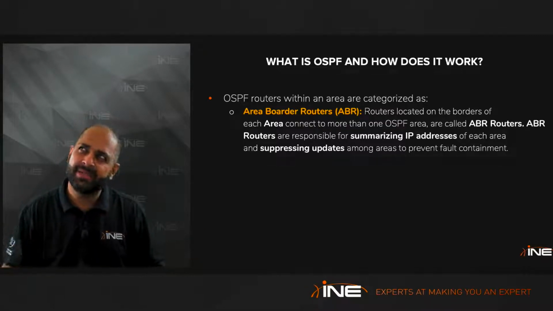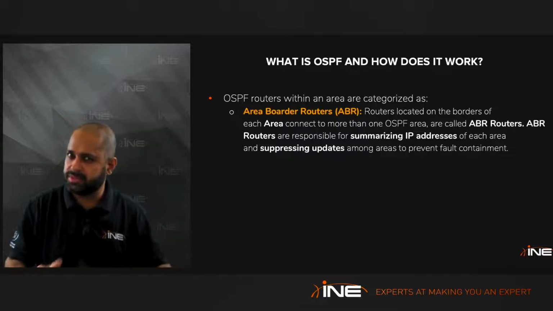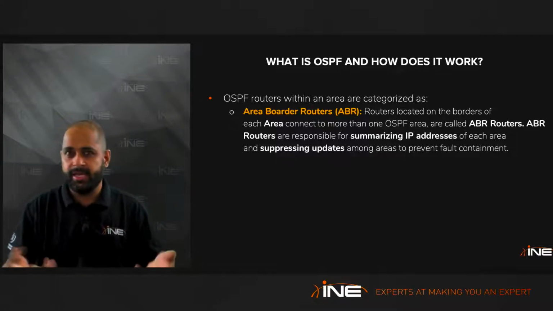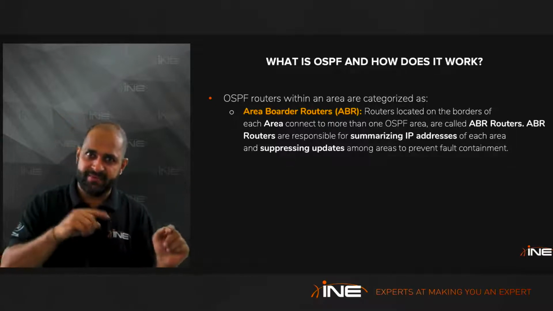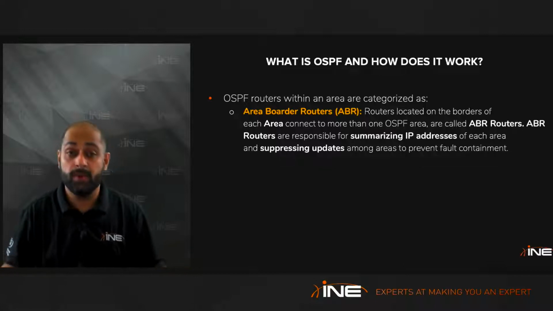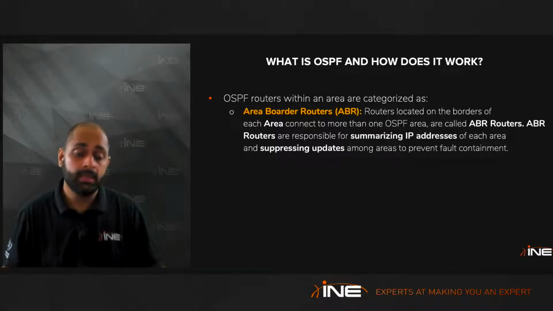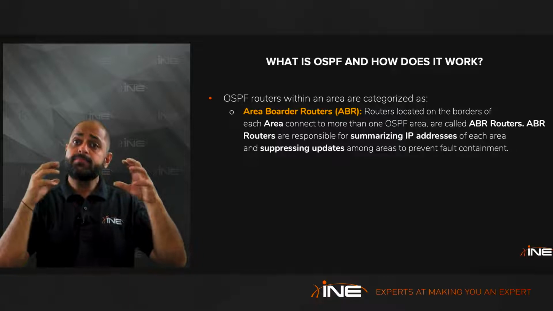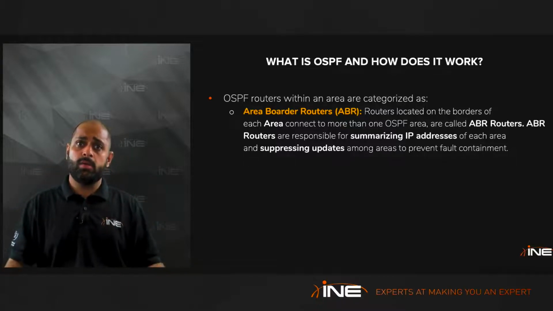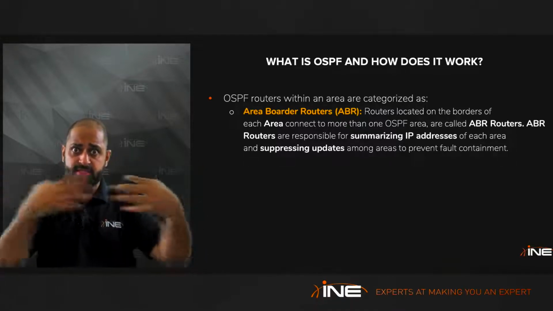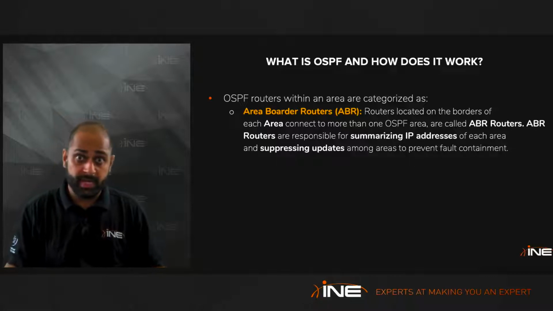Maybe in some cases LSA 5 also, if it was connected to a not-so-stubby area and was a translator for type 7 to type 5, or if it was also an ASBR. So an ABR is the one which connects multiple areas to each other through the backbone area, which is area 0.